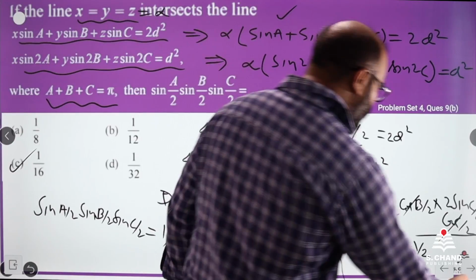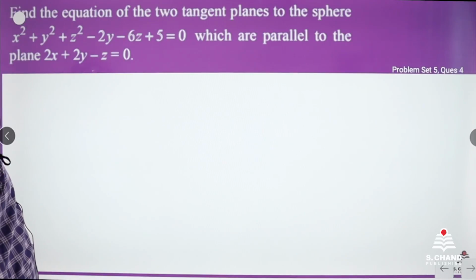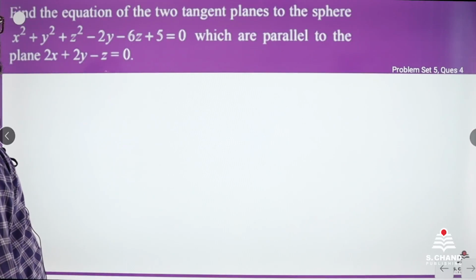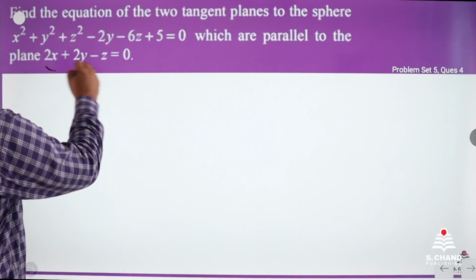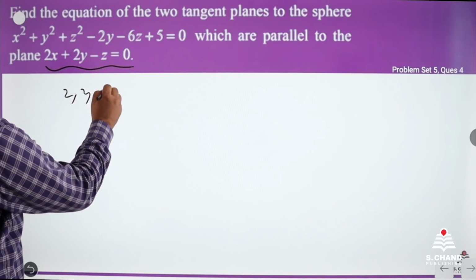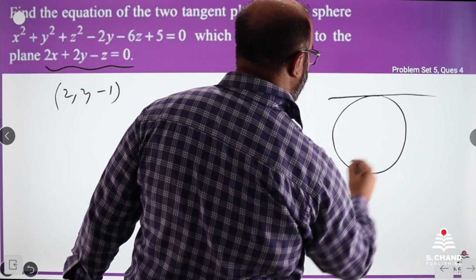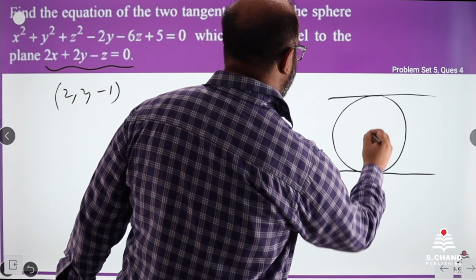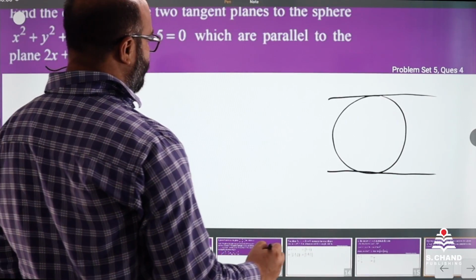Now let us come to the next question. Find the equation of the two tangent planes to the sphere which are parallel to this plane. So the direction ratios of the normal are 2, 2, -1, and this is the sphere. There is a plane like this and another plane like this. The sphere is having this equation.